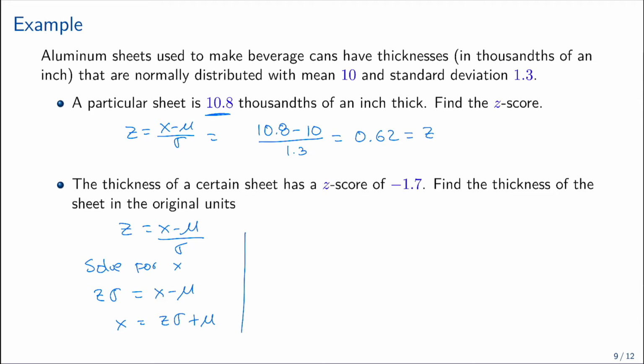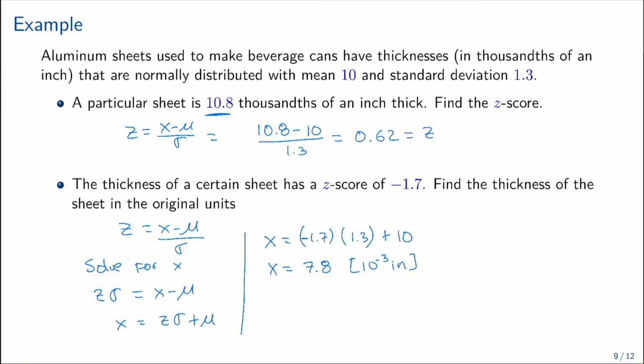So in our case, x is equal to minus 1.7 multiplied by sigma, which is 1.3, plus mu, which is 10. So the final result is that x is equal to 7.8, and the units are 10 to the minus 3 inches.